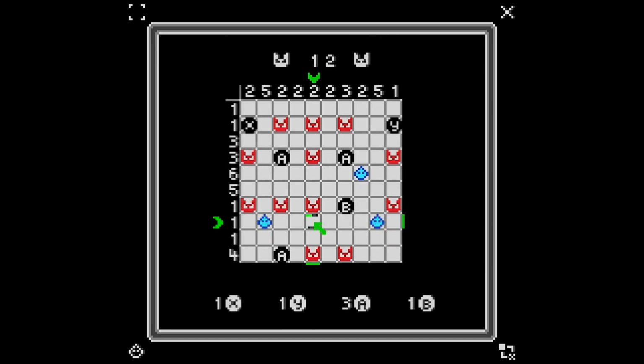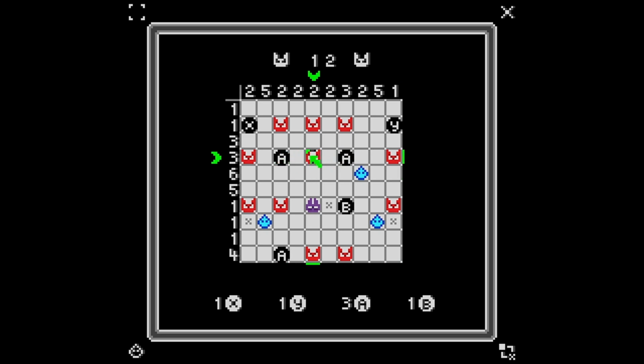Level 136. So on this row, there needs to be a wall between these two, so it can't be here. This bunny can only be hit by this bomb. This one can only be hit by one of these two, so we know A is at least 1.